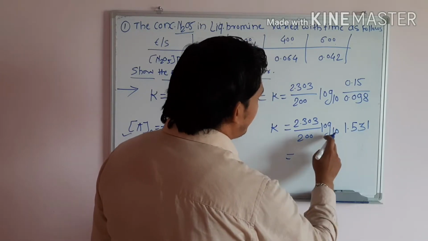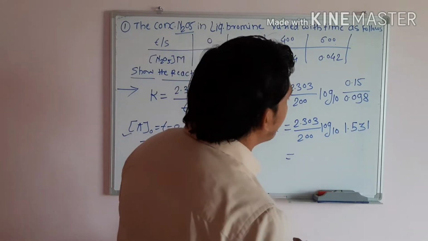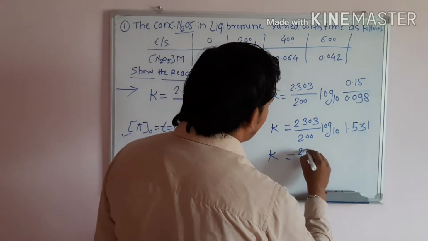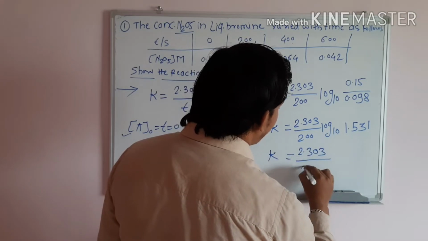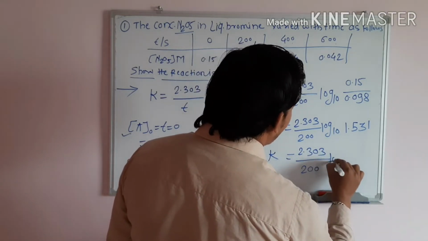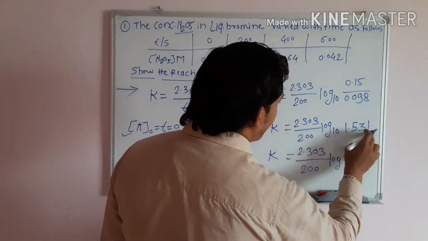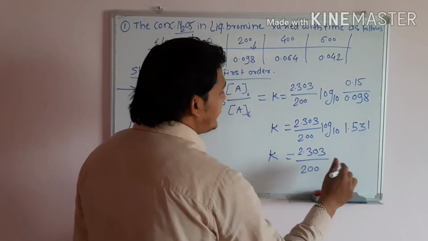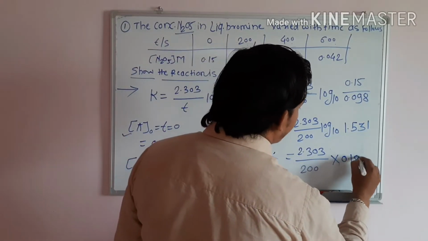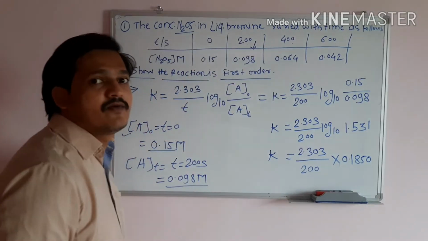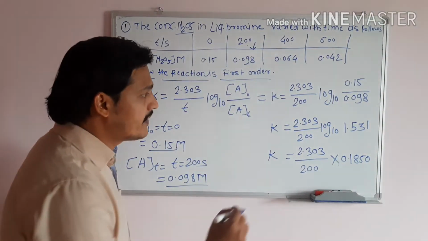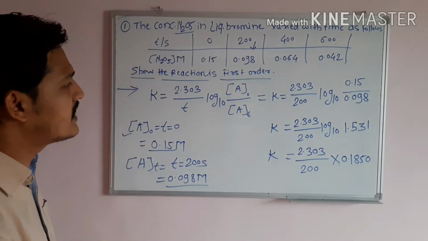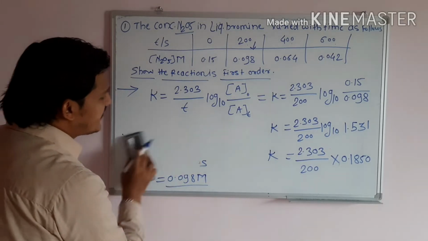Then we have to take the log of 1.531. K is equal to 2.303 divided by 200 times the log of 1.531, that is 0.1850. The log can be found from the table, and I have written it directly.